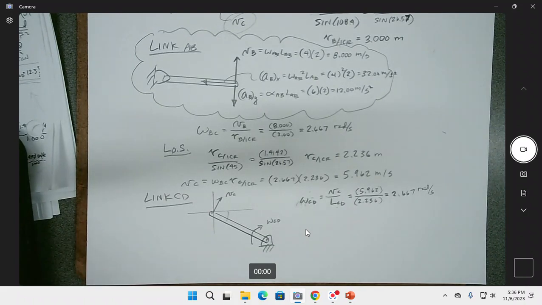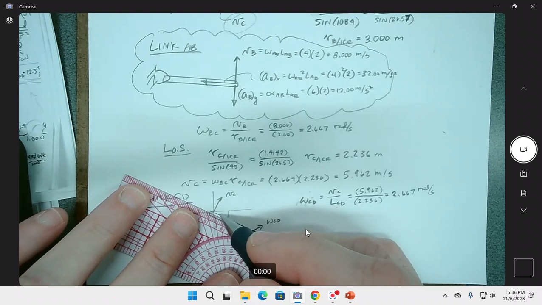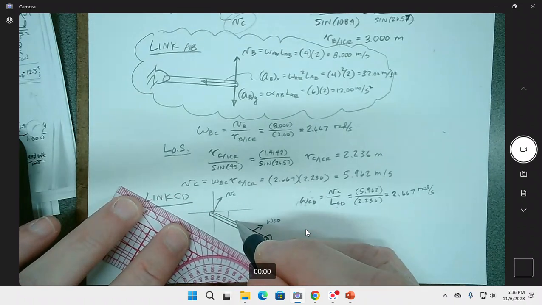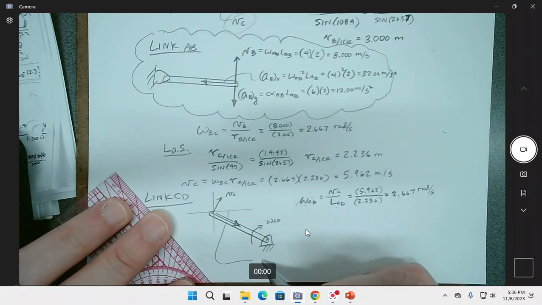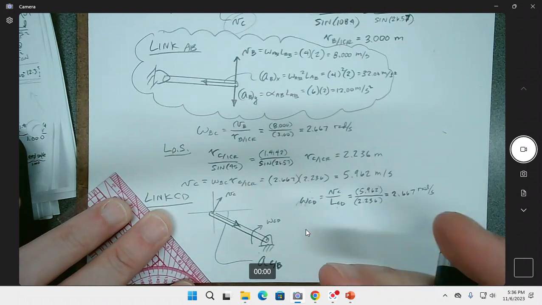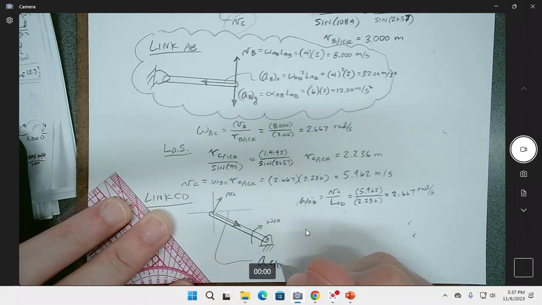One of the things that we get out of this while we're here, to save ourselves a little bit of time, is that we could get the normal acceleration. Even though we don't know the tangential acceleration, we can get the acceleration of C with respect to D, not B, sorry, in the normal direction.